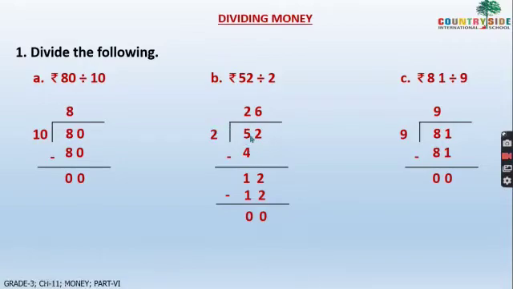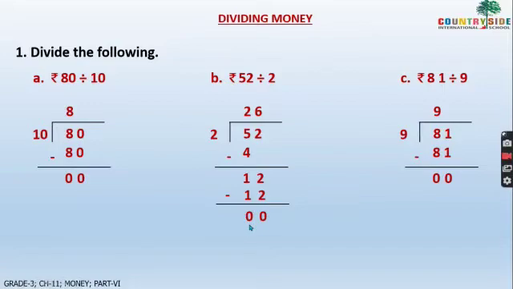No, so take a smaller number than 5. 2 2s are 4. Then 5 minus 4 is 1. Then bring this 2 down. Now it is 12. In the 2 table, does 12 come? Yes, 2 6s are 12. Now we do subtraction over here. 2 minus 2 is 0 and 1 minus 1 is also 0. So your quotient is 26 and your remainder is 0.